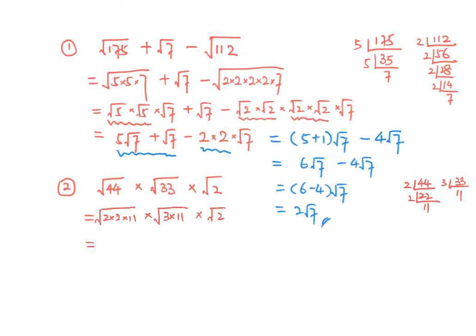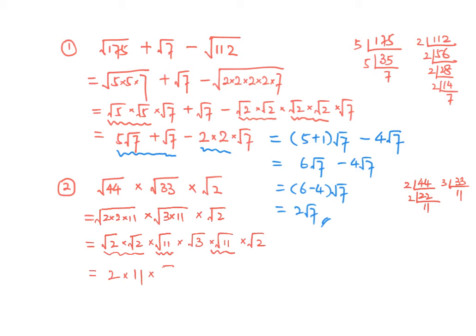And we separate the square roots. So square root 2 times square root 2 times square root 11. The second square root can be separated as square root 3 times square root 11. And the last one, square root 2. So square root 2 times square root 2 gives us 2, and square root 11 times square root 11 gives us 11.